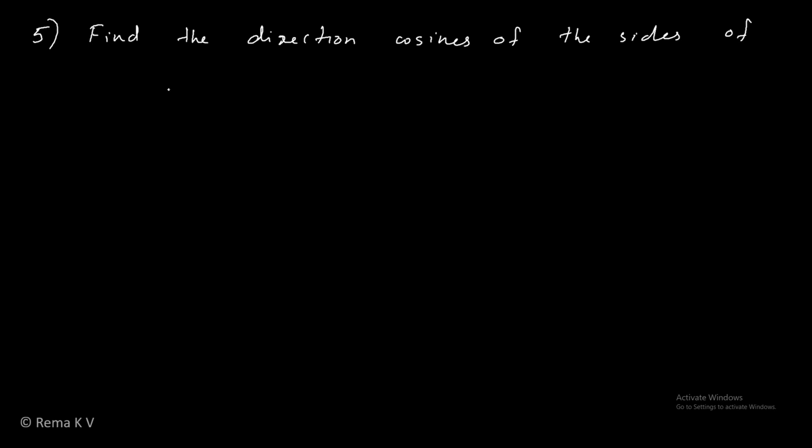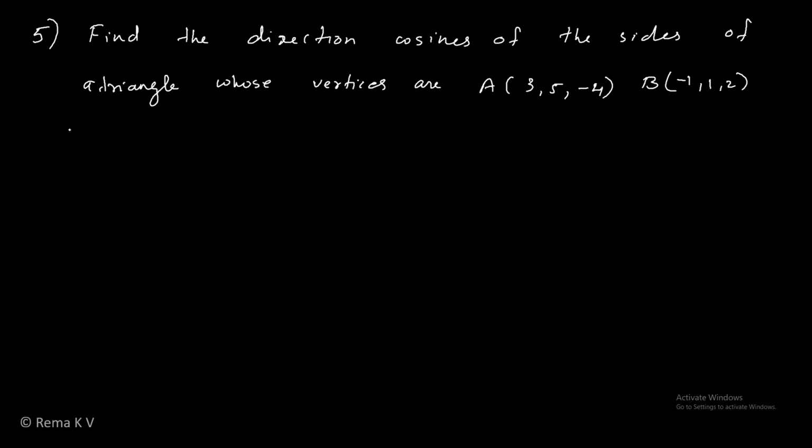Okay, now another one. Find the direction cosines of the sides of a triangle whose vertices are A 3, 5, minus 4, B minus 1, 1, 2 and C minus 5, minus 5, minus 2.